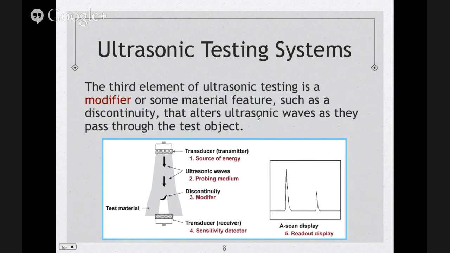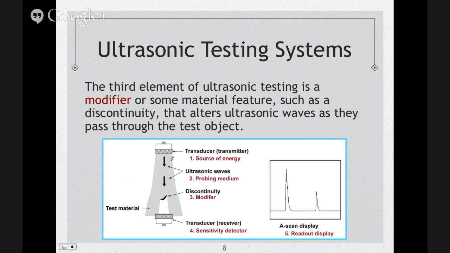The third element of ultrasonic testing is the modifier, or some material feature, such as a discontinuity, that alters the ultrasonic waves as they pass through a test object. So our modifier is going to be our reflector, in this case sending this energy back to the transducer, if it was a pulse echo technique.